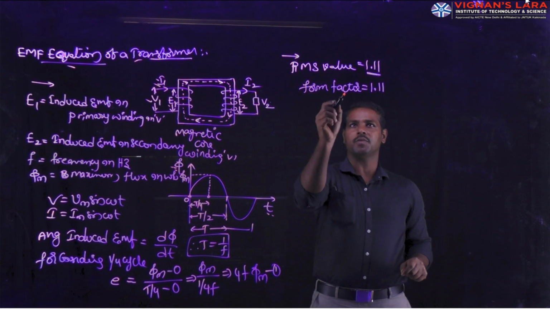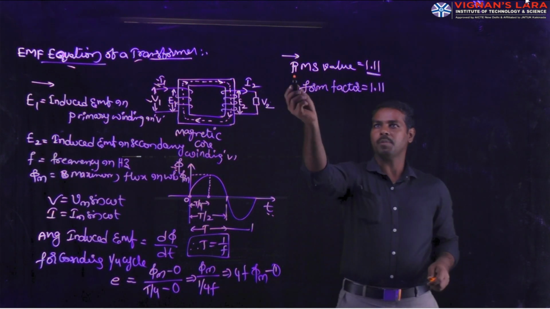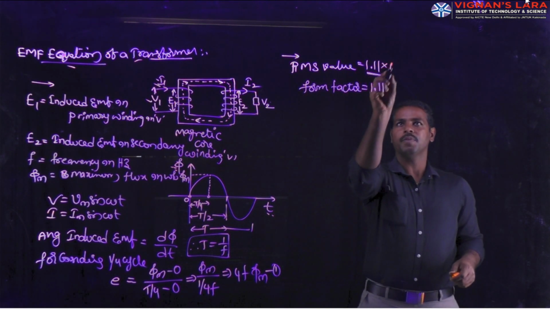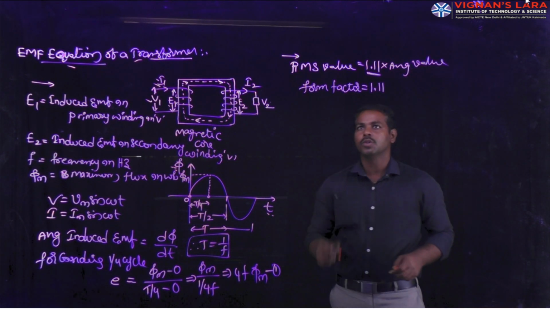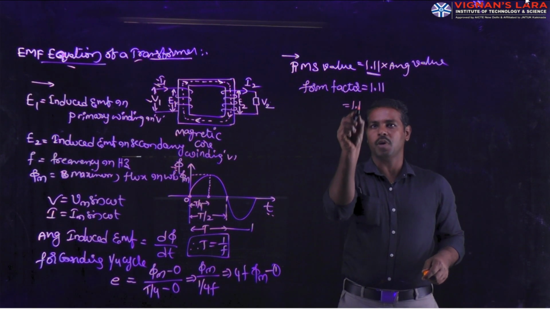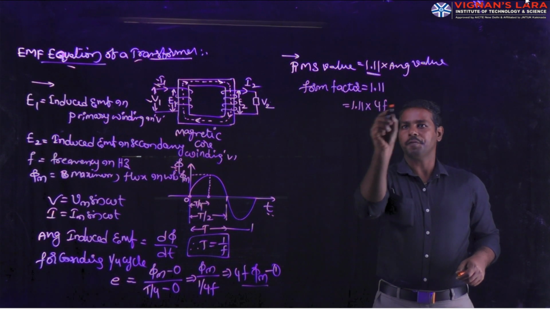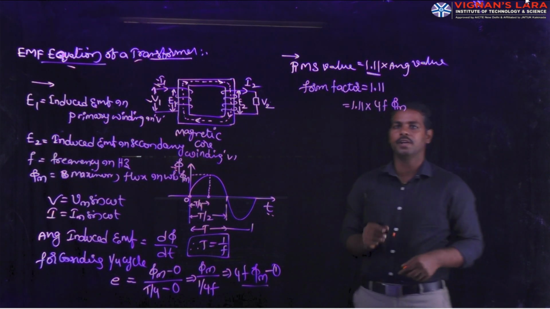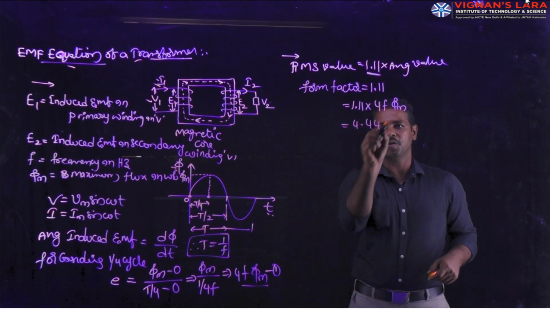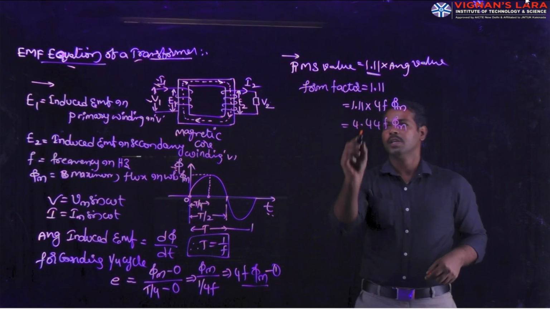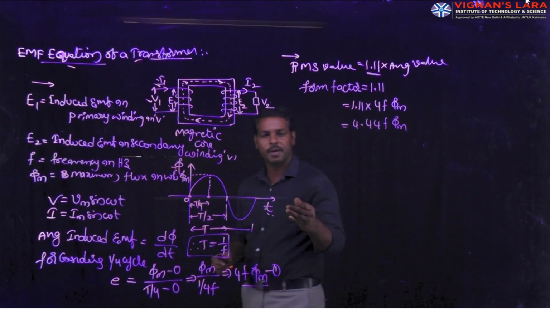Form factor is equal to RMS value by average value, so RMS value is equal to 1.11 multiplied with equation 1, 4 into F into phi m, which is equal to 4.44 into F into phi m. This is the RMS value of the induced EMF per turn.